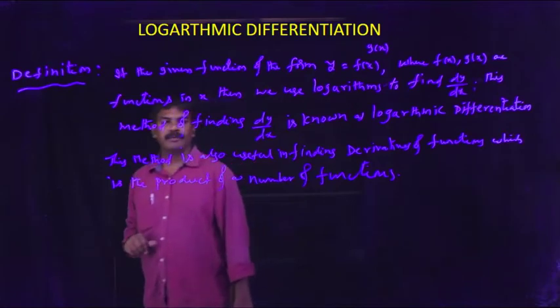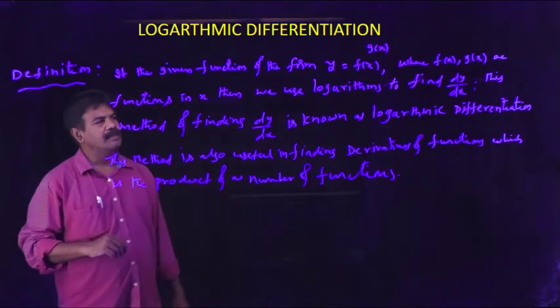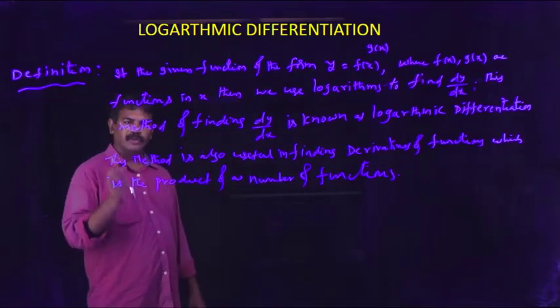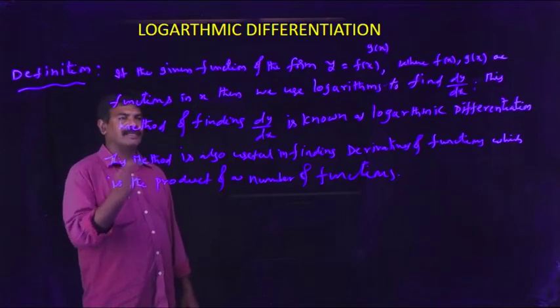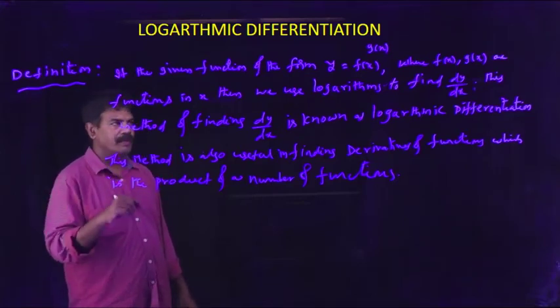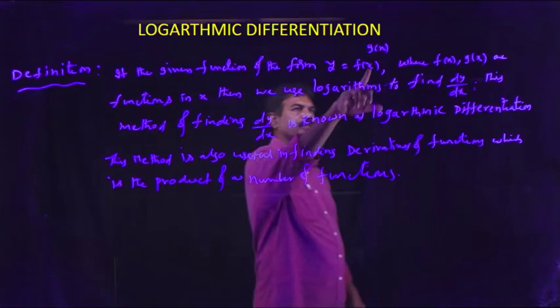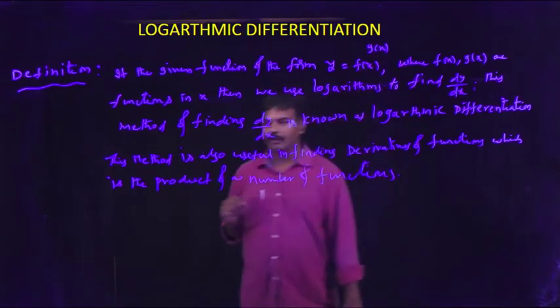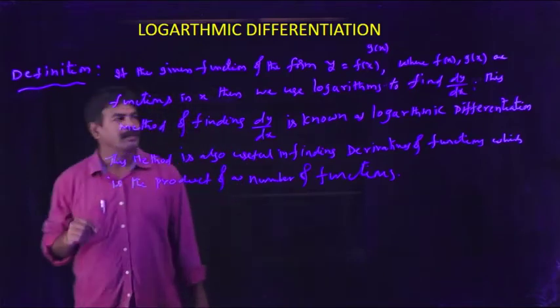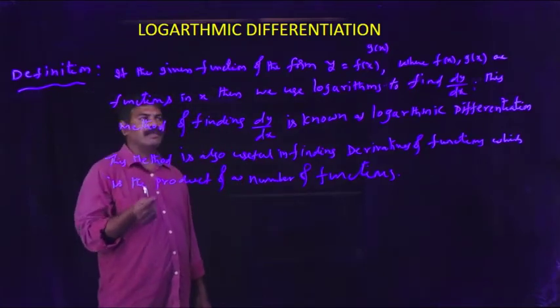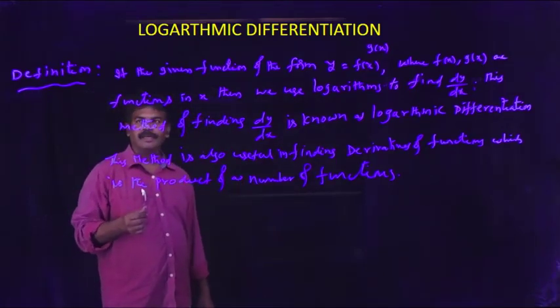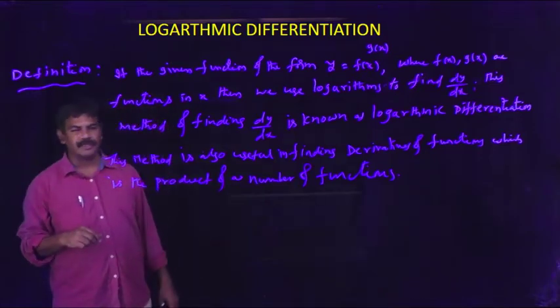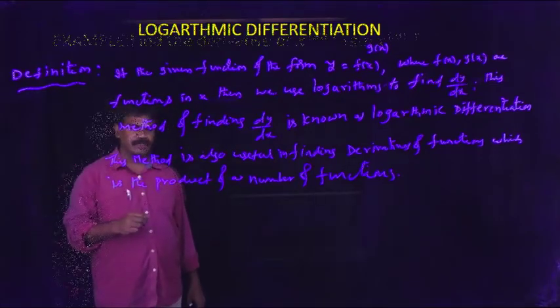In those three formulas, one is variable and another is constant. So when these two are variables, we use logarithms to find the derivative of the given function. This is the definition of logarithmic differentiation.